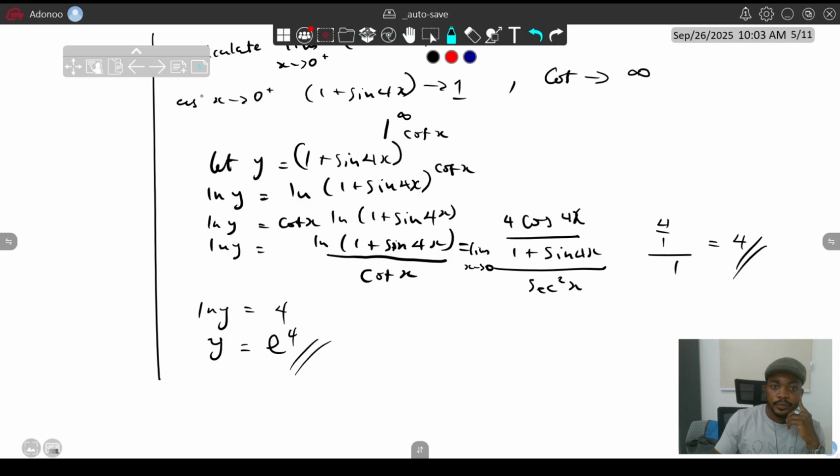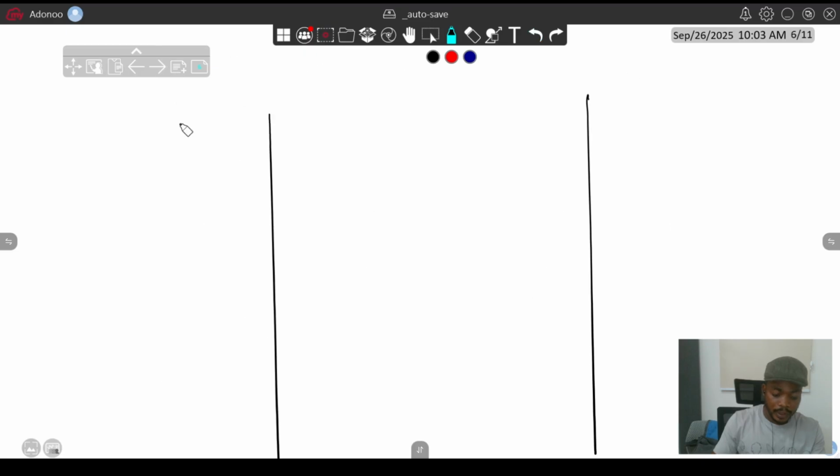Good. Let's solve one more example and then we can end our discussion on indeterminate forms and L'Hopital's rule. So we are to find the limit as x approaches 0 of x raised to the power x.